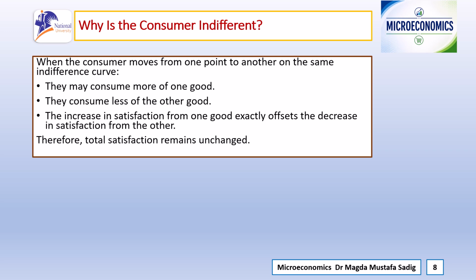indifference curve is that when the consumer moves from one point to another on the same indifference curve, two things happen simultaneously. The consumer gains more of one good, and the consumer gives up some quantity of the other good. At first, this may seem like a loss. However, the increase in satisfaction obtained from consuming more of one good is exactly balanced by the decrease in satisfaction resulting from consuming less of the other good.